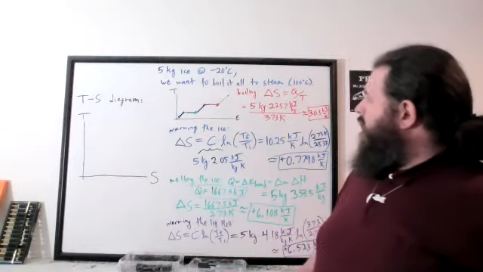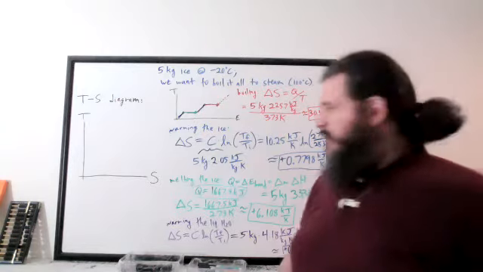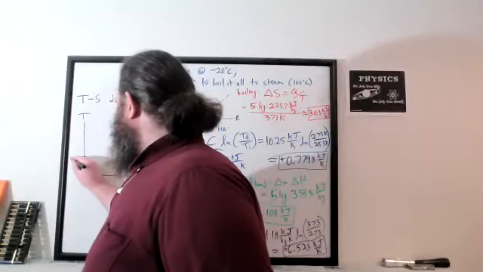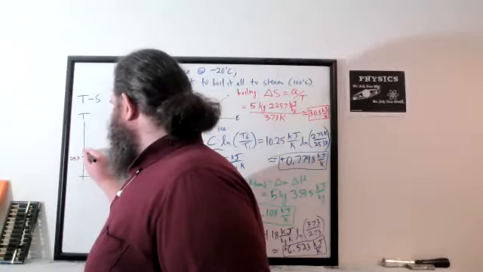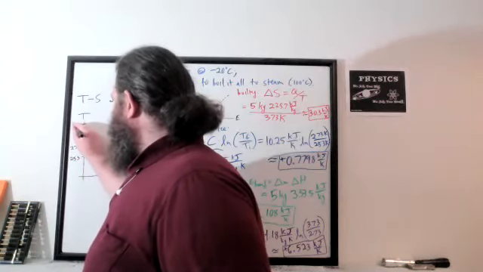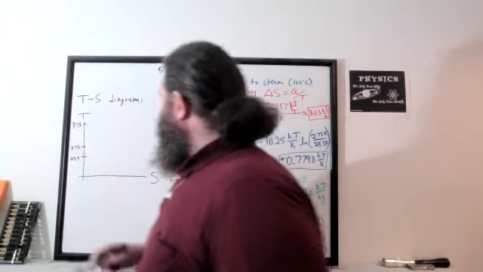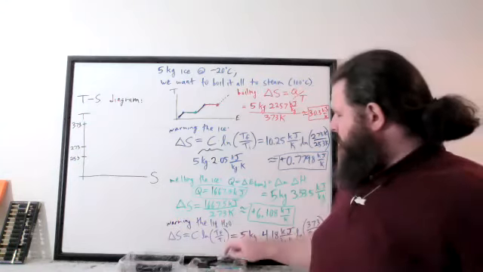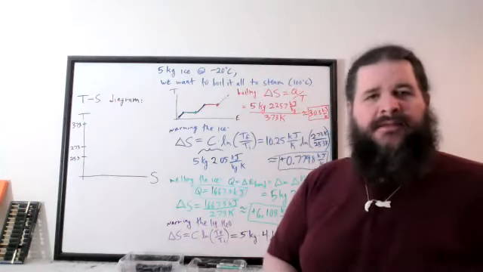The important temperatures here are going to be -20, 0, and 100. Or in Kelvin, 253, 273, and 373. And we start off at some low temperature, low entropy.